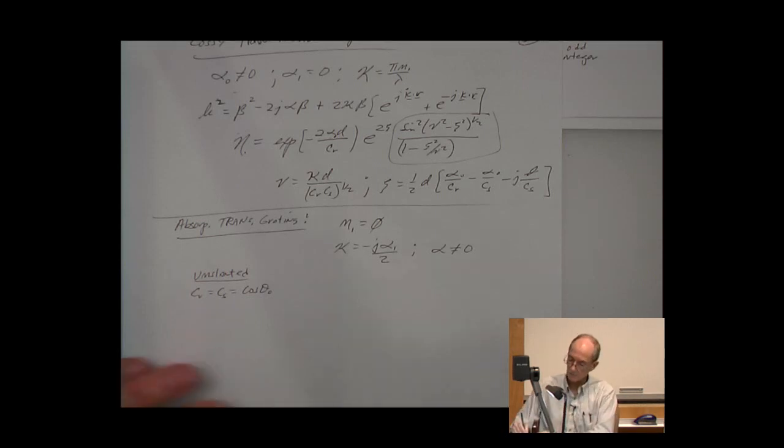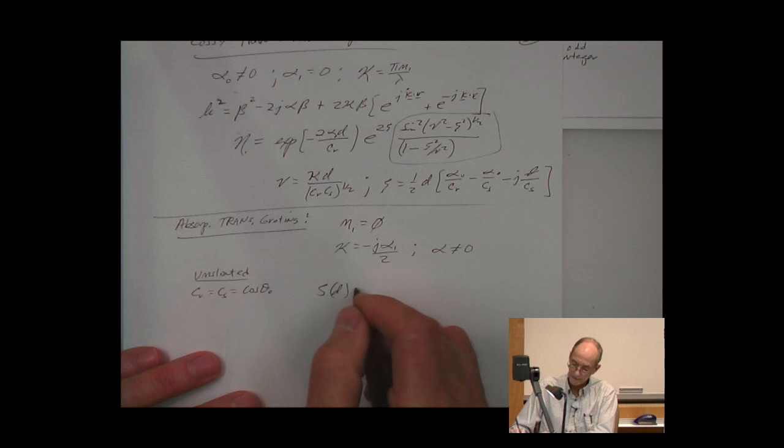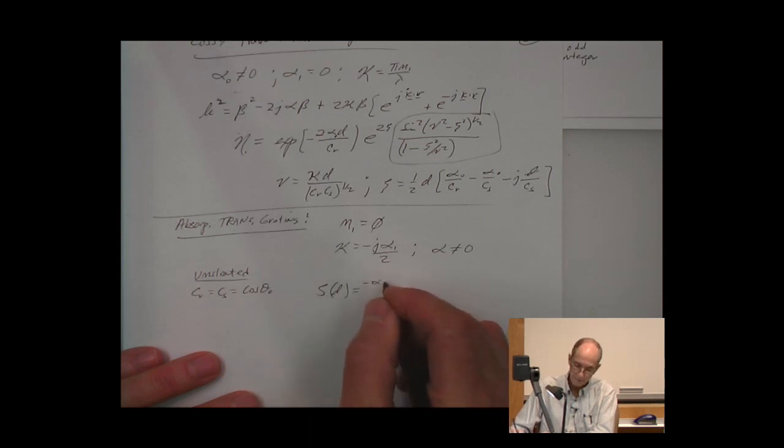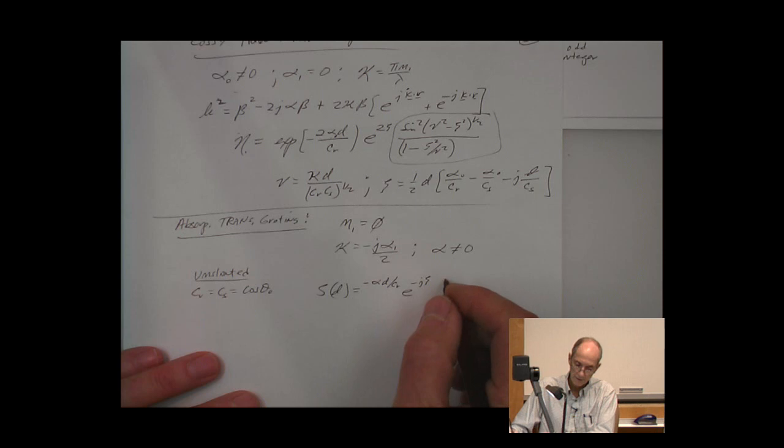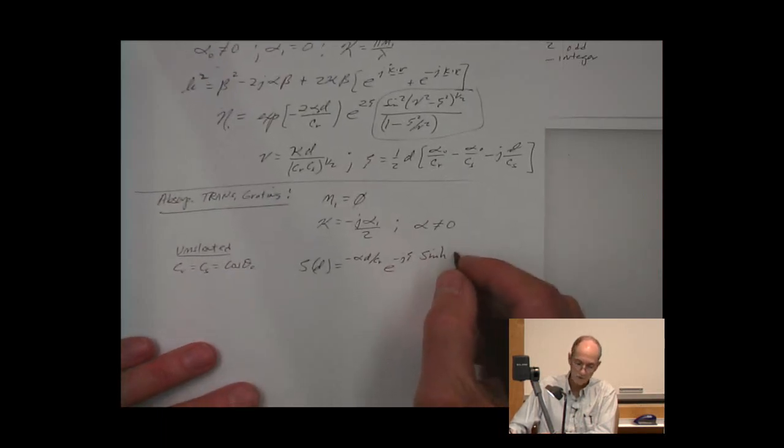And in that case, we'll end up with S of d equal to minus alpha d over CR e to the minus j psi. And here, instead of a sine function, we are going to end up with a hyperbolic sine, a sinh function, because it's an absorption modulation, and we have absorption in the medium.